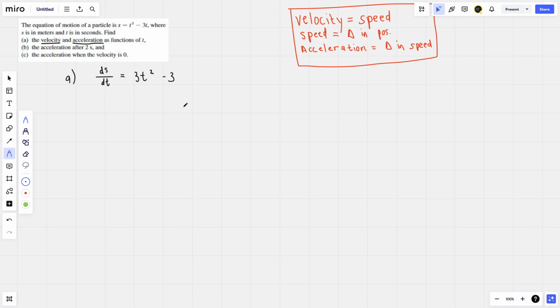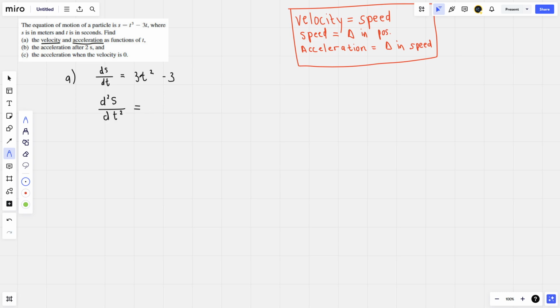So let's take the derivative of this, or we could say the second derivative of s. Let's use some fancy notation: the second derivative of s in terms of time. So this just means the second derivative of s.